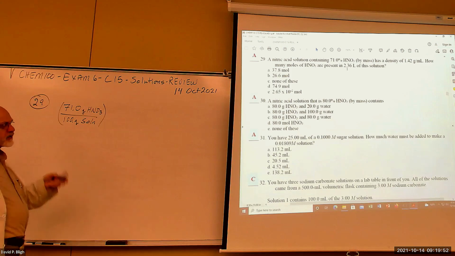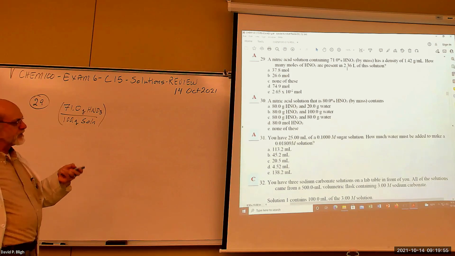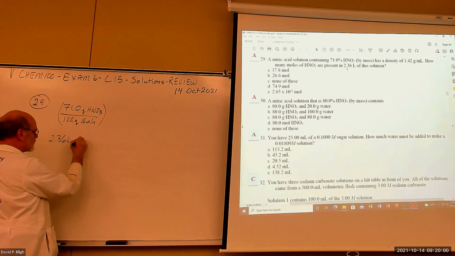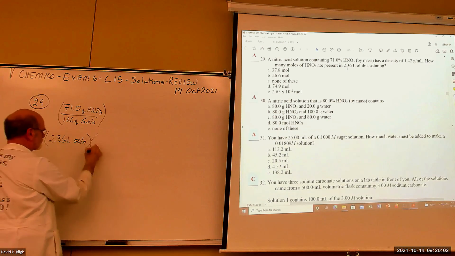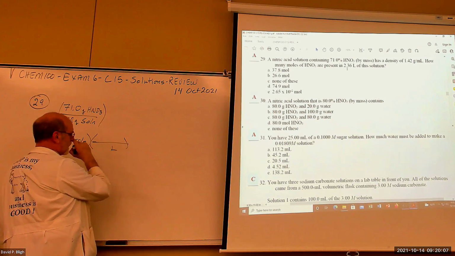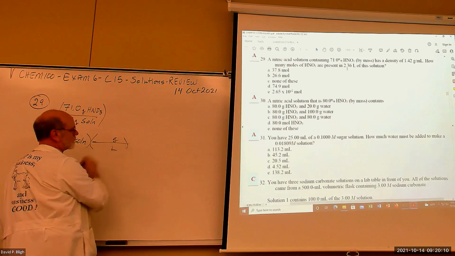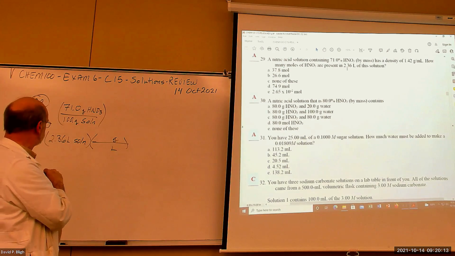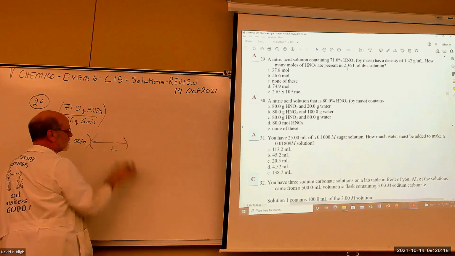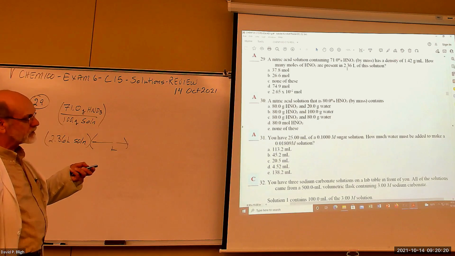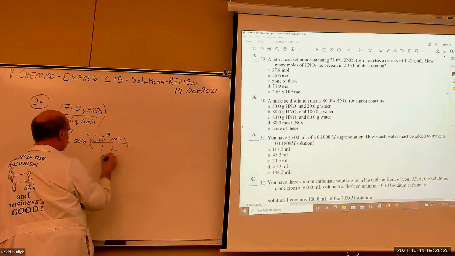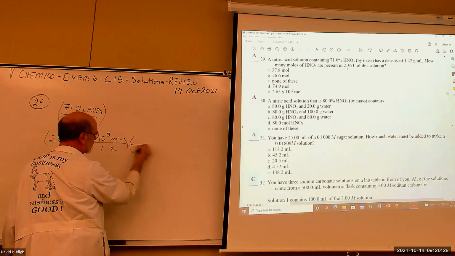Actually, we probably should start from 2.36 liters of the solution. Then we can get rid of liters and leave us with grams. Well, except we can't do that. We need to know milliliters. 1,000 milliliters in a liter. Okay, now we can use density.